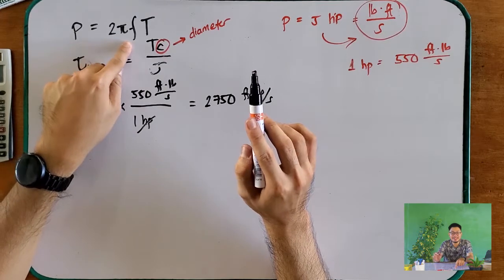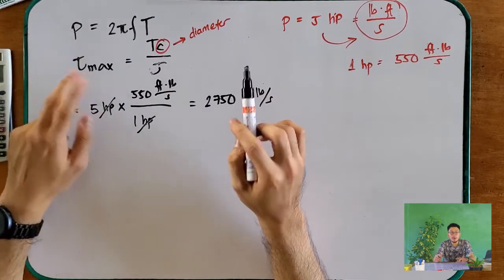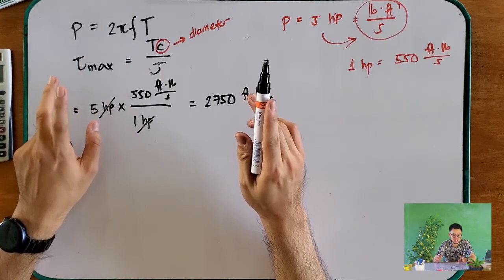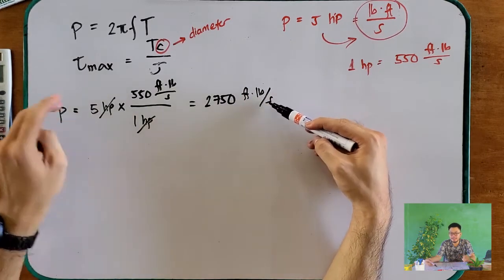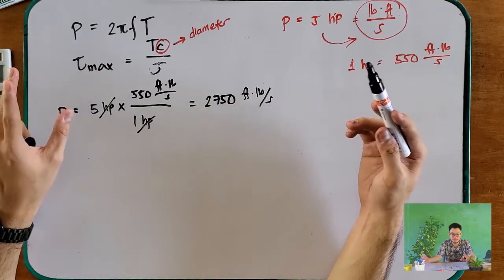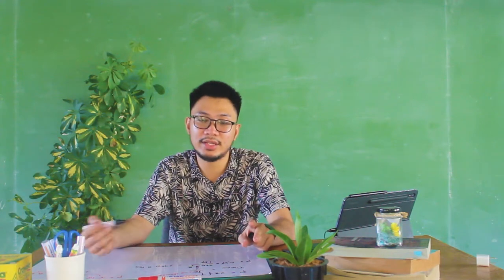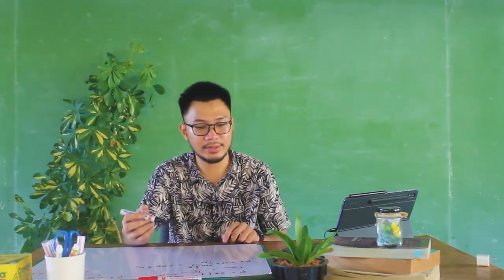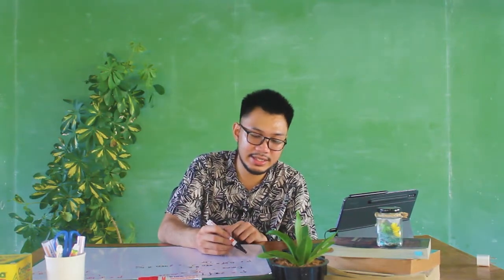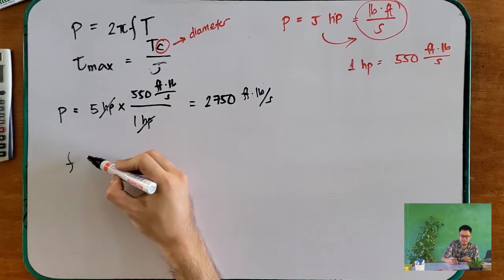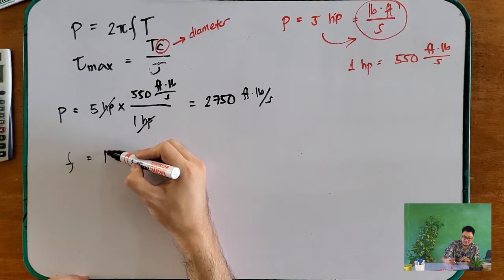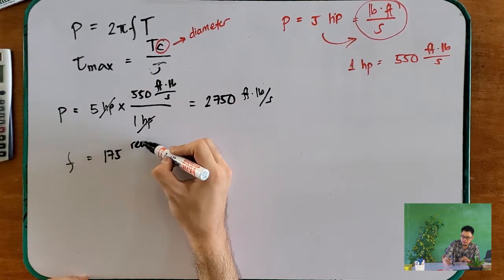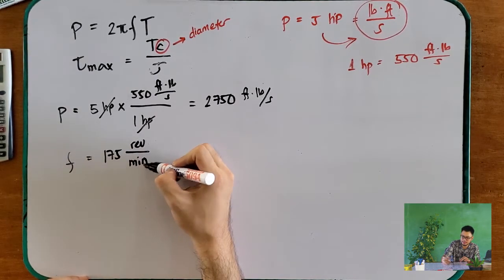And we are given that our frequency is 175 revolutions per minute. But our unit in power is in seconds, so therefore we should also convert the unit of our minutes into seconds for our frequency. So frequency is equal to 175 revolutions per minute.